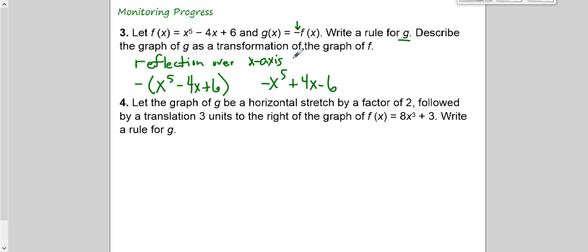And this is your new g of x. G of x equals negative x to the 5th plus 4x minus 6. Try the next one.